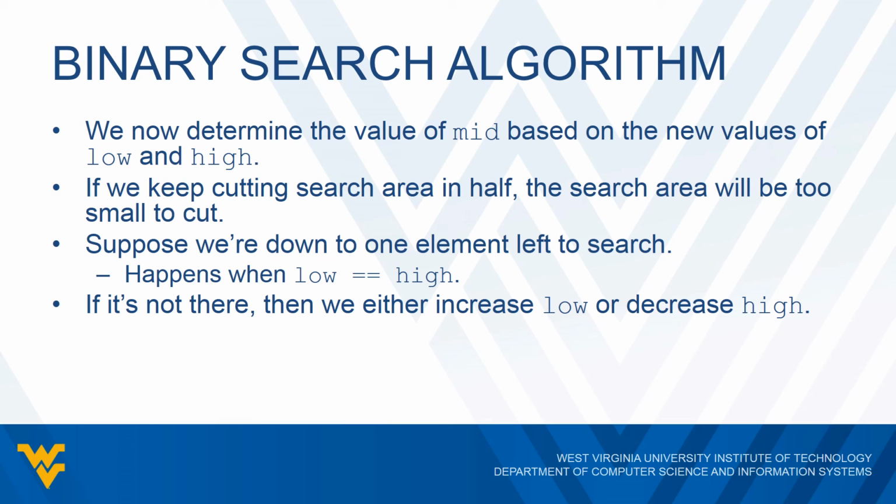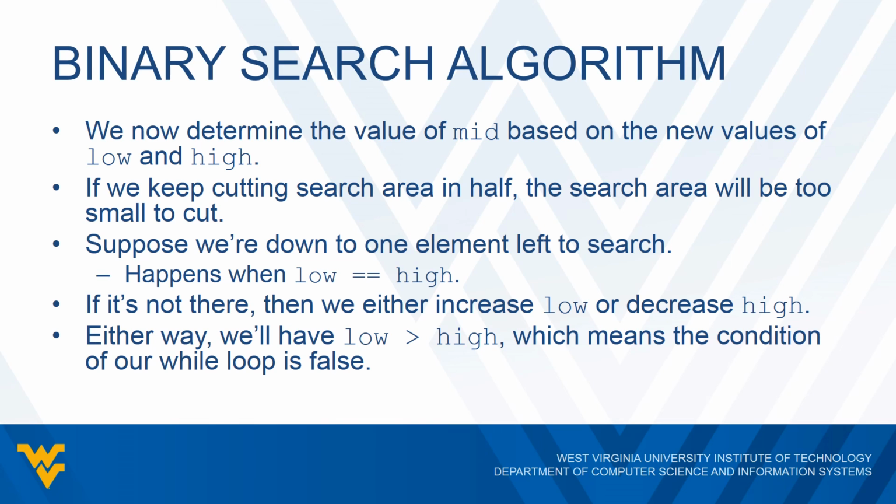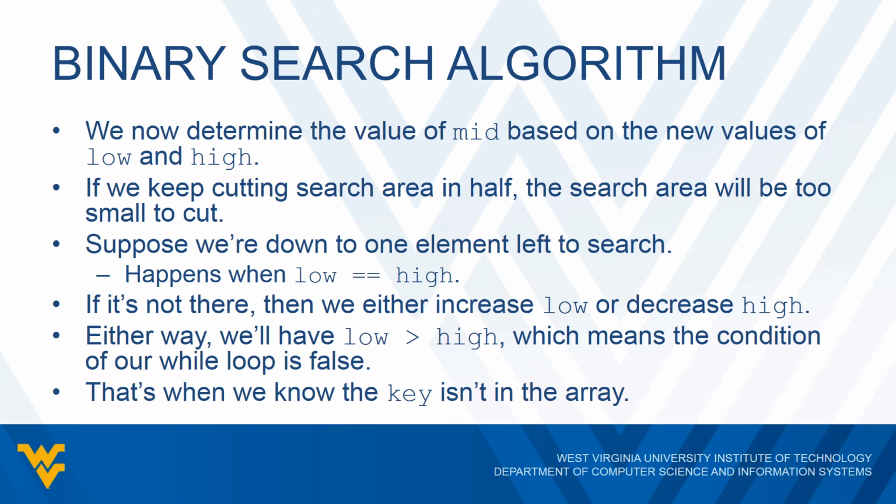Depending on how it's set up, we're either going to increase low or decrease high. No matter which approach we use, we're going to end up having low be greater than high. And that means the condition of our while loop is false, and that is when we know that the key cannot be in the array. So then that's when we can return -1 to conclude that the key we're searching for just does not exist in the array.